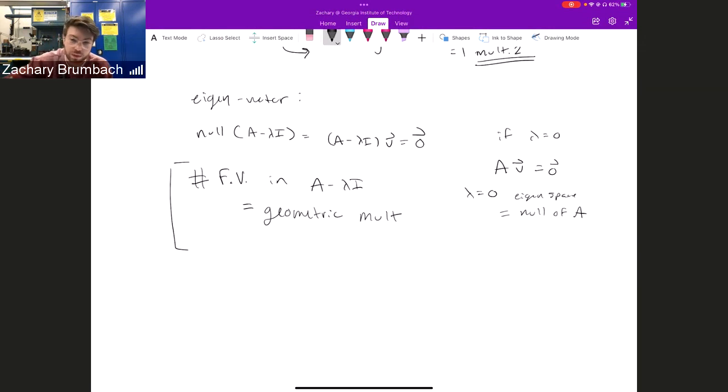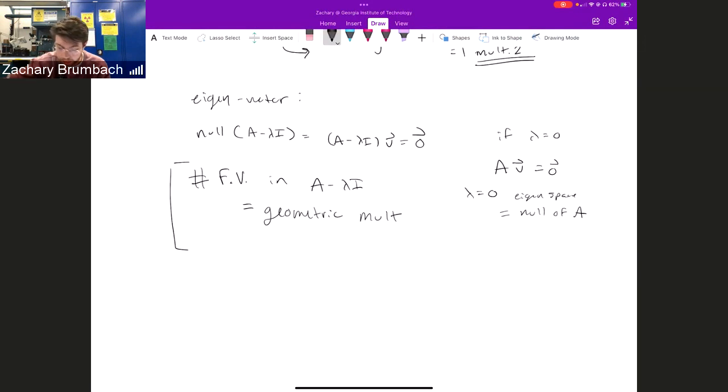If you're really feeling it, you can take A minus lambda I, figure out the whole null space, put it in parametric vector form, and take those vectors; those are your null vectors, or your eigenvectors. This is just me trying to show that you don't have to necessarily find all the eigenvectors to know if it's diagonalizable or not.